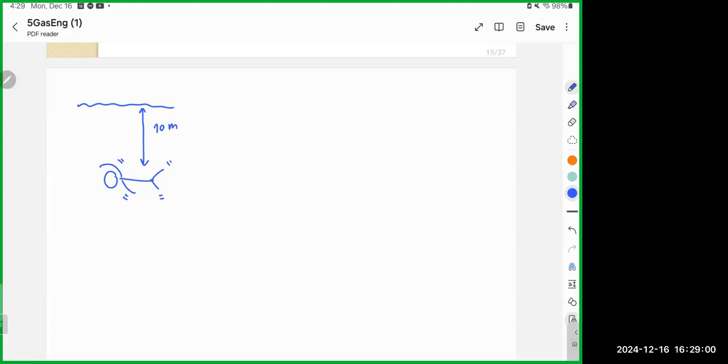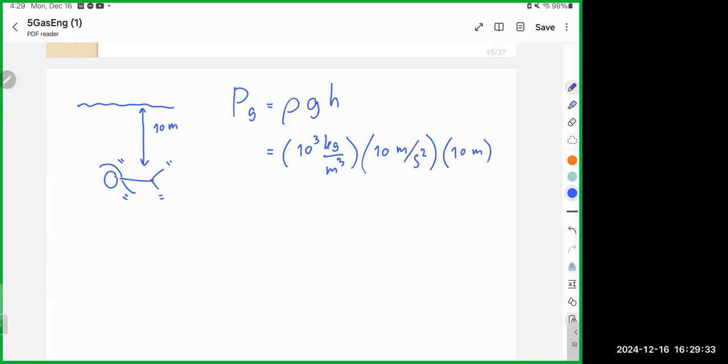If you can see from the picture, and you remember from the last time that I lectured, gauge pressure is rho g h. And if you remember, the density is 1,000 kilograms per cubic meter, and g is around 10 meters per second squared, and h right here is 10 meters.